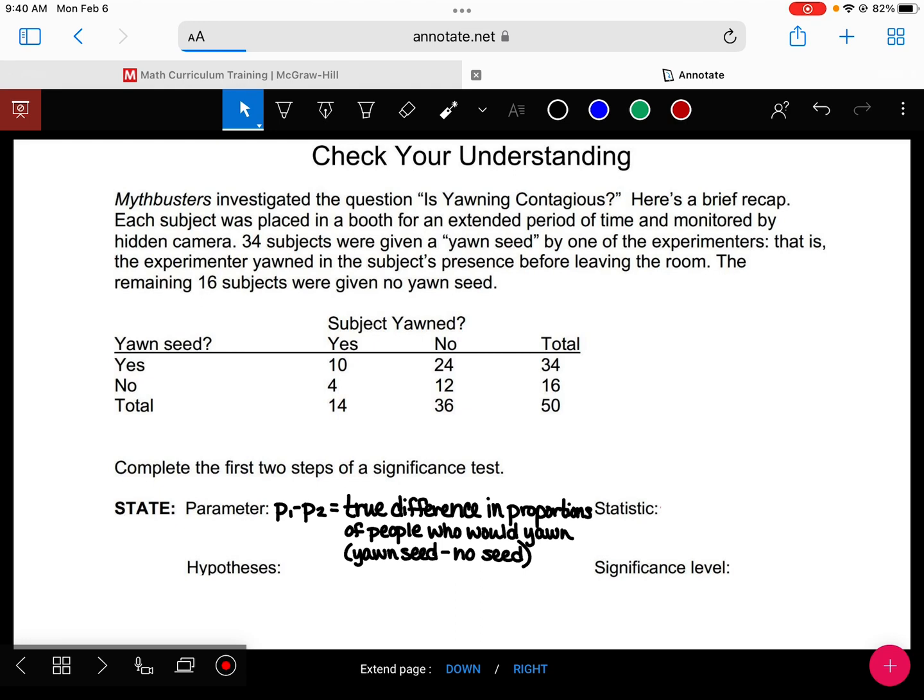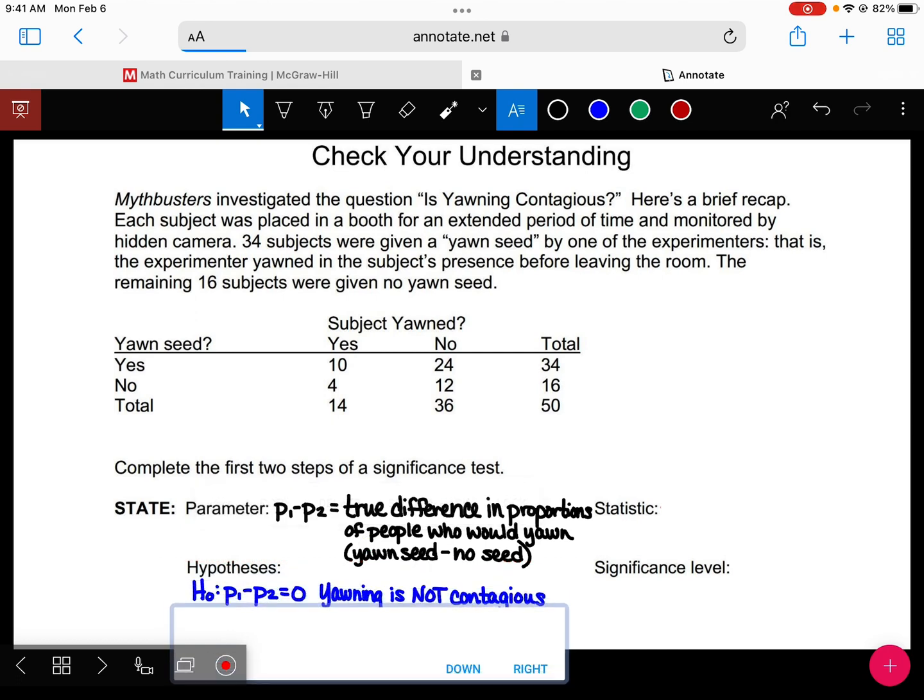What is the null hypothesis here? Yes, P1 minus P2 equals 0. Yawning is not contagious. What would our alternative hypothesis be?